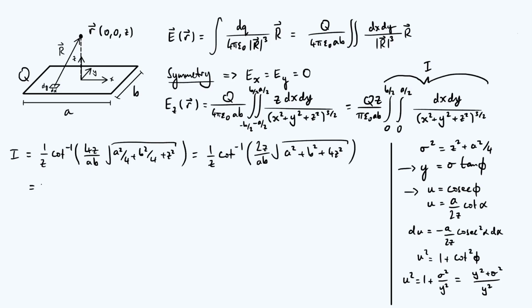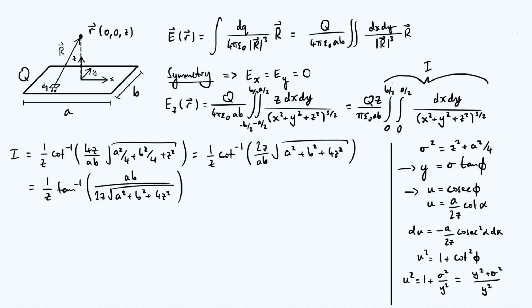So you can flip the argument upside down and change your cot into a tan, and you get 1 over z times inverse tan or arctan of, now your ab is on the top, and your denominator is 2z root of a squared plus b squared plus 4z squared.